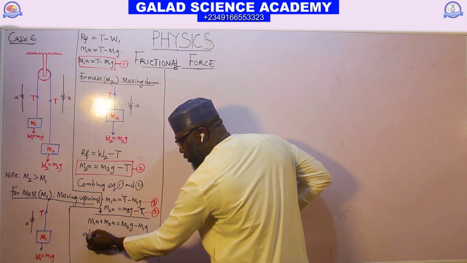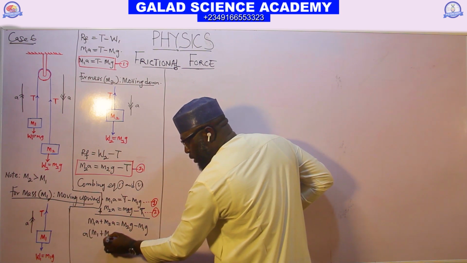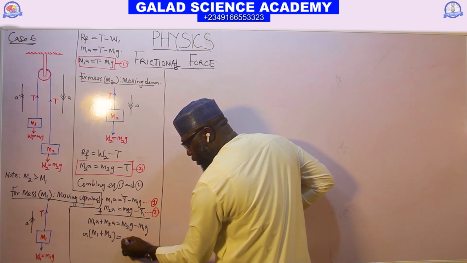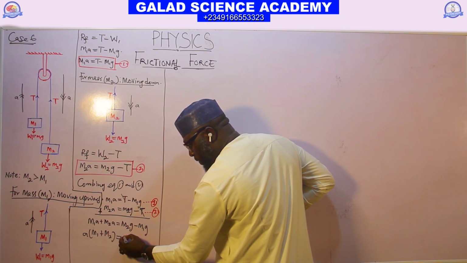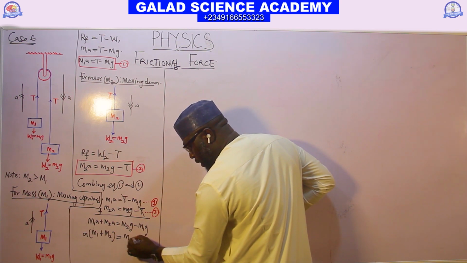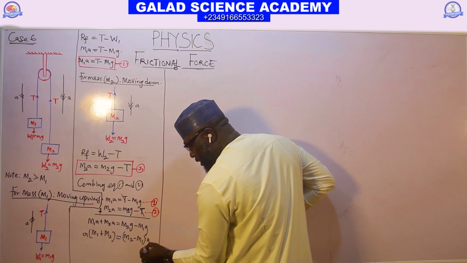By doing this, what is the common factor here? A is common, so you have (m1 plus m2) a equal to g common here too, (m2 minus m1) in bracket g.